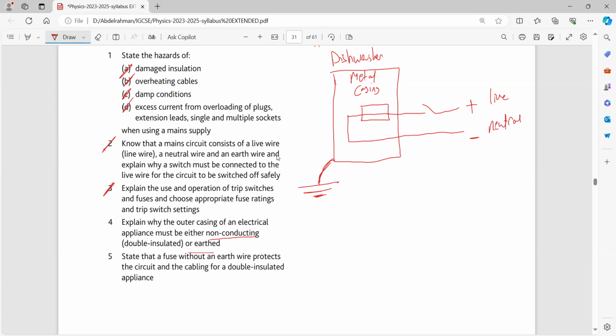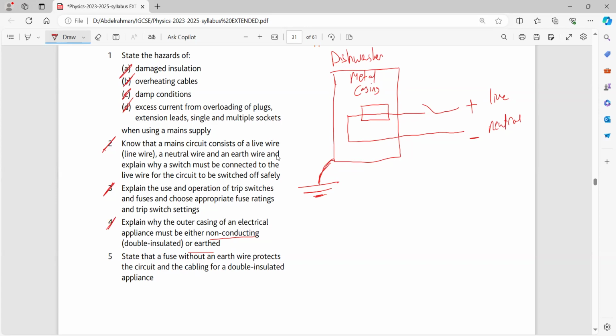If the live wire touches the casing, and the casing is not a metal, if it's a plastic casing, will I get electrocuted? No. Why? Because it's not a conductor. It's an insulator.